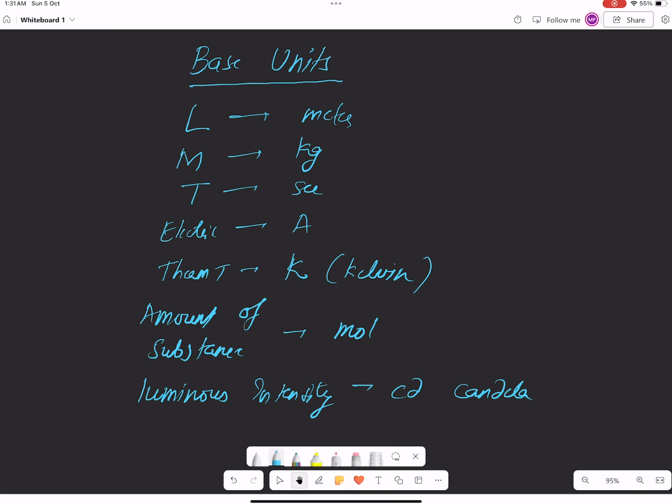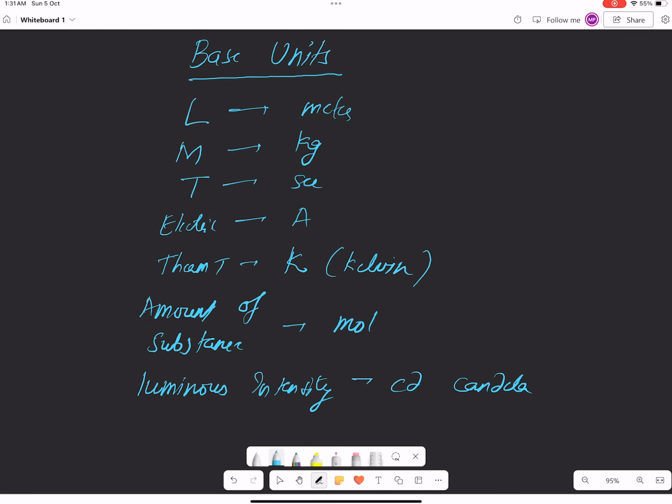So these are the 7 base quantities: length, mass, time, electric current, thermodynamic temperature, amount of substance and luminous intensity. Now each of these base units has different definitions also.